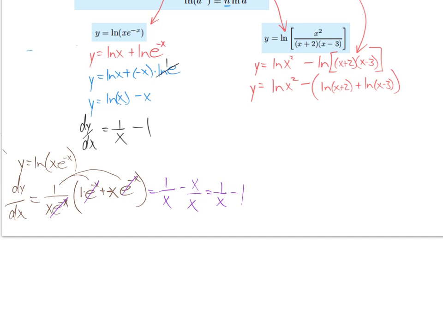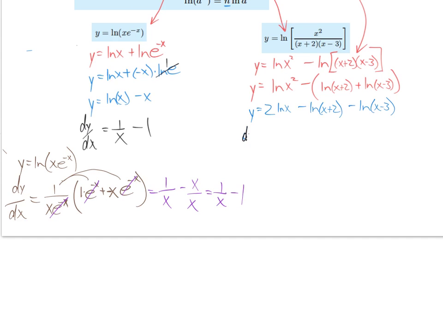If instead we'd use what we're doing here, okay, notice I could actually pull out this 2 ln of x minus ln of x plus 2. I'm going to distribute the negative, minus ln of x minus 3. Now I'm just taking the derivative of each of those parts. Okay?